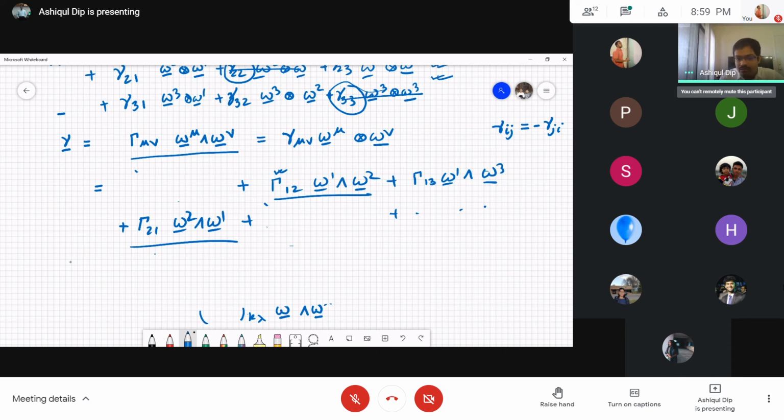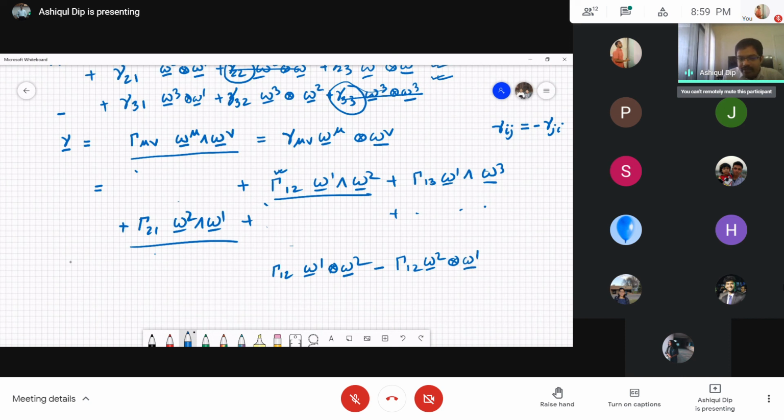That's why. So if you expand these two only, let's see what happens. If you expand gamma 1 2 omega 1 wedge omega 2 minus gamma 1 2 omega 2 wedge omega 1, right?